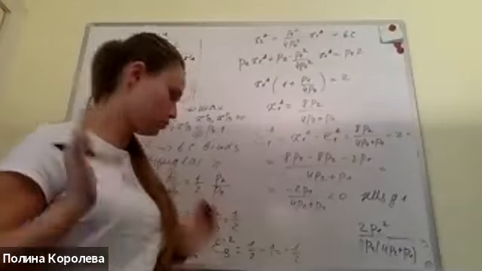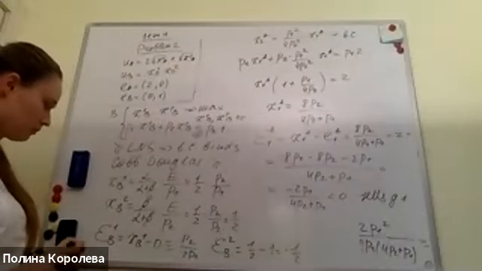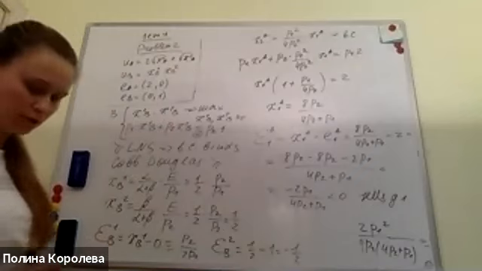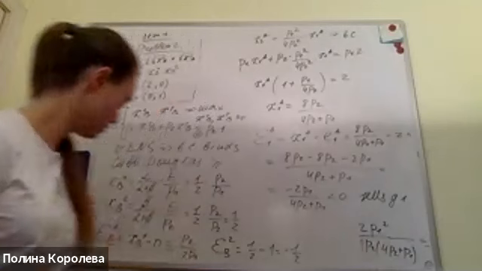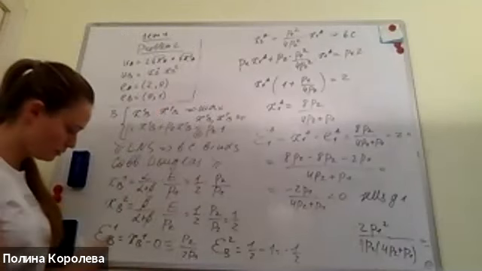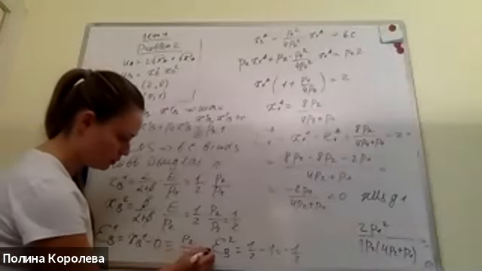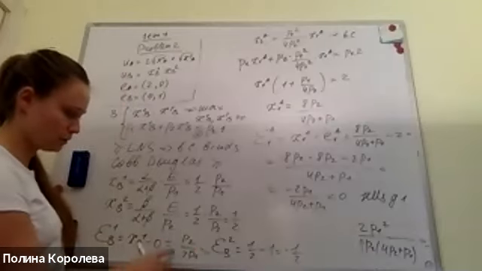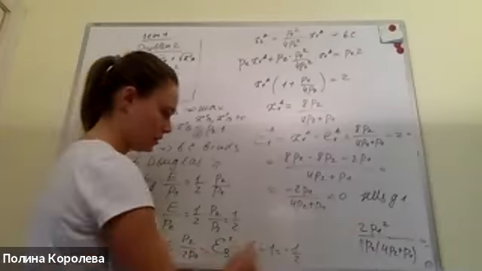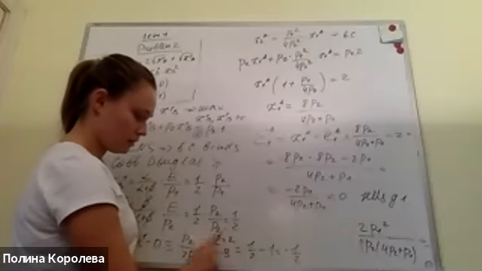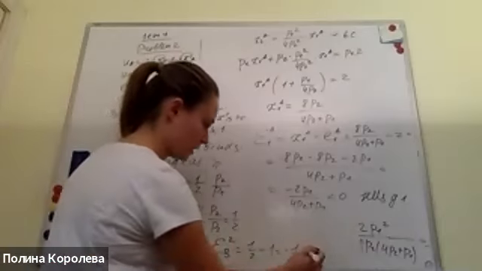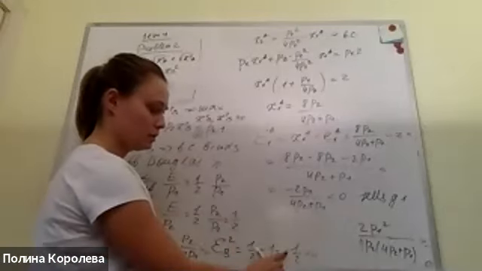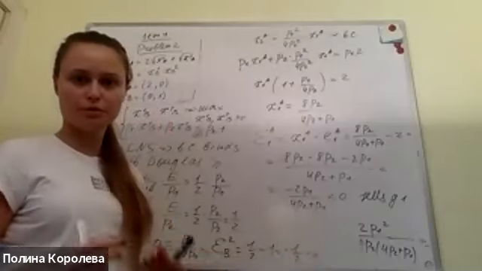So, let's continue. What do we have? We see that the excess demand of individual B for the first good is positive, non-negative, for each price. So he wants to buy the first good, and the excess demand of individual B for the second good is negative, and we see how much exactly he wants to sell. He wants to sell 1/2 of his endowment.